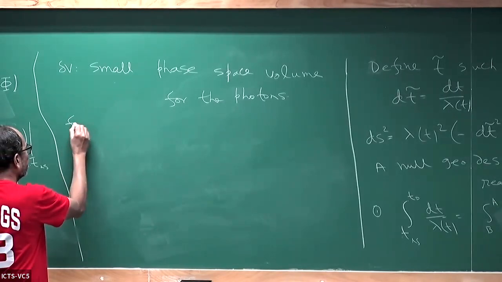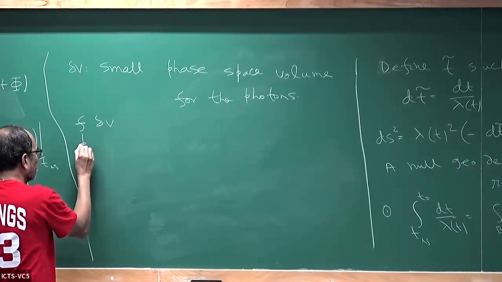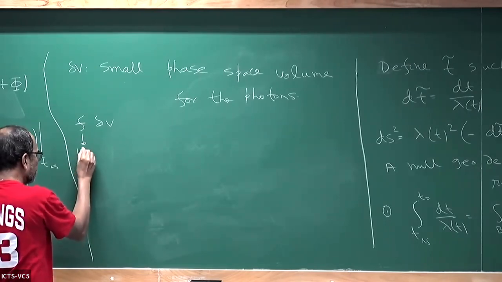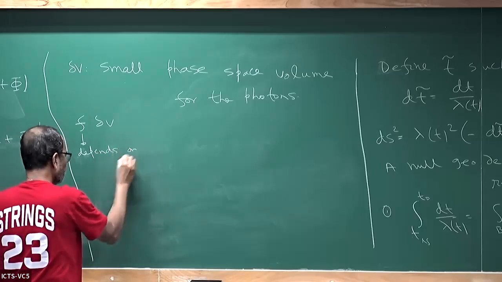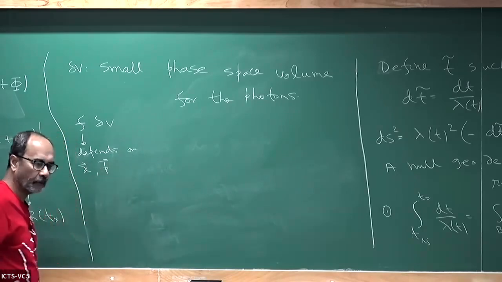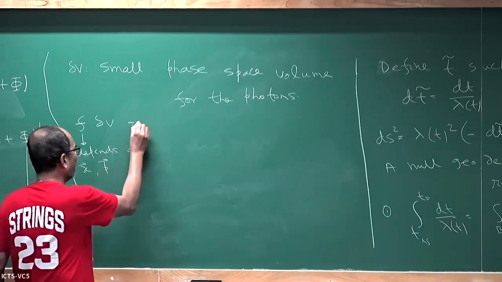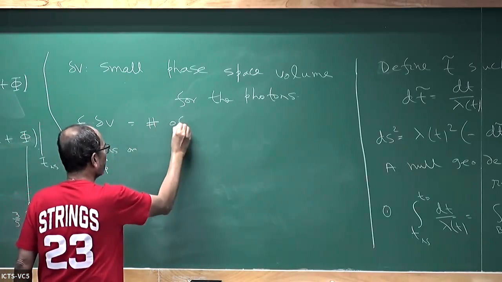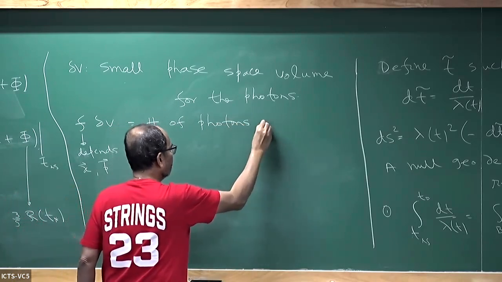And F times delta V, this depends on, of course, the phase space coordinates, which are x and p, the position of the photon and the momentum of the photon. This is the number of photons in volume delta V.